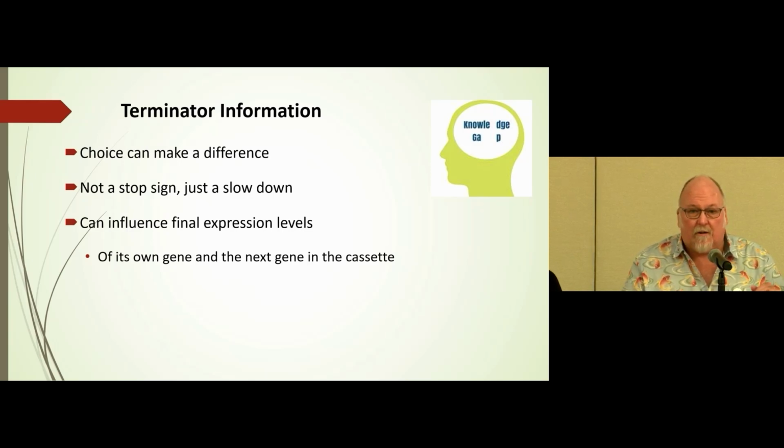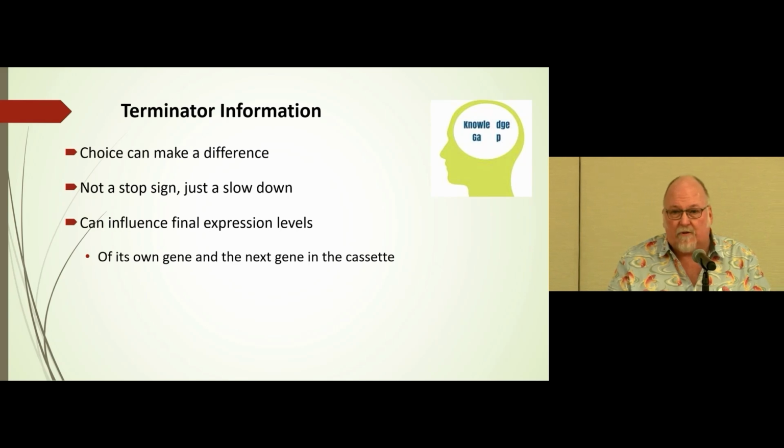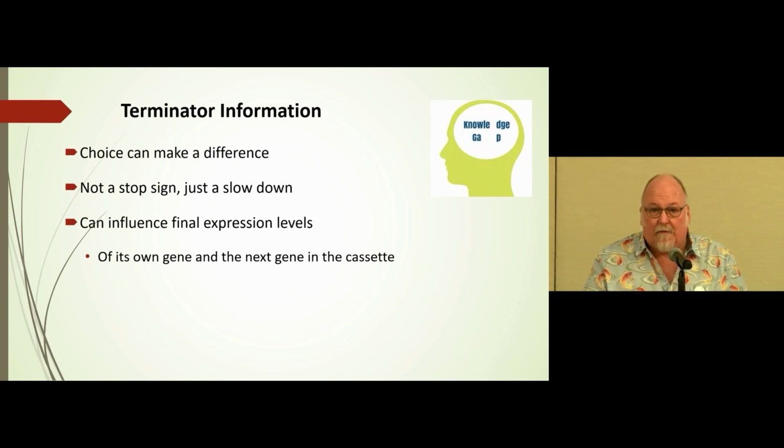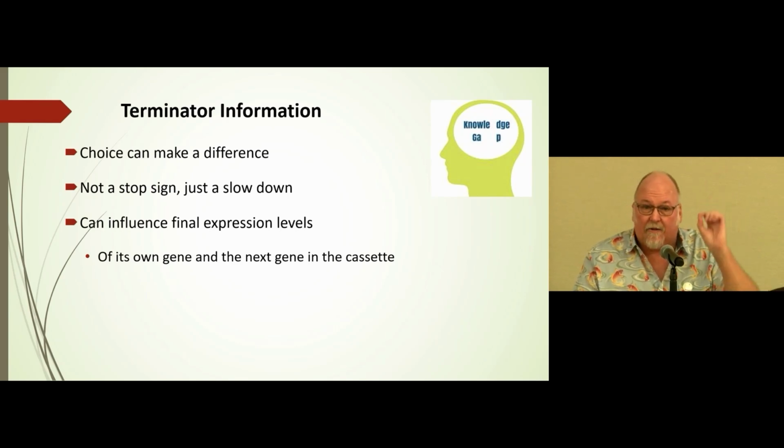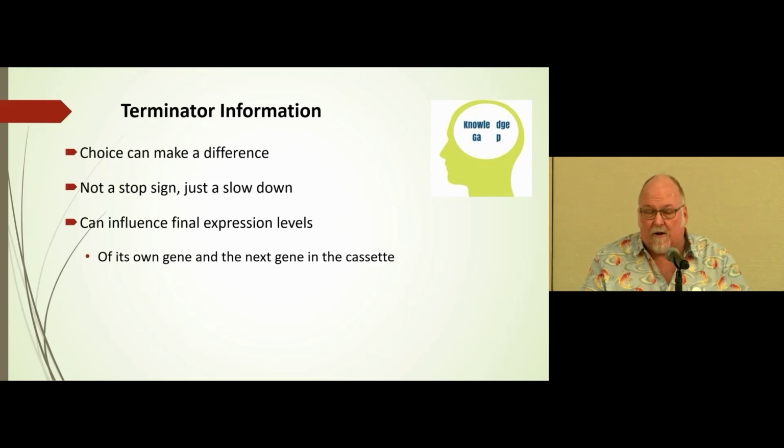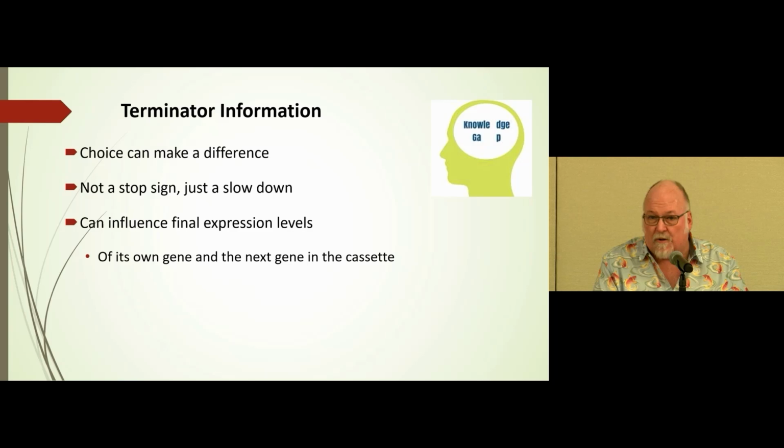And you can get differences in expression levels that are just astonishing, from weak all the way up to really high, just by changing the terminator, with no other expression cassettes nearby. So the terminator can have a big impact on the promoter in that cassette. And we need to get more information out to the research community on this.